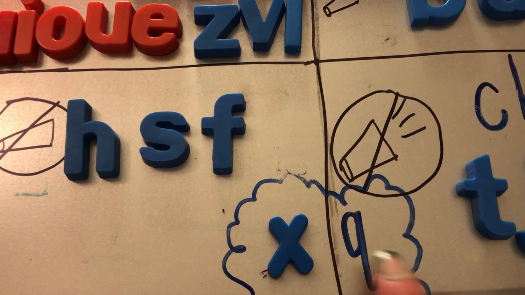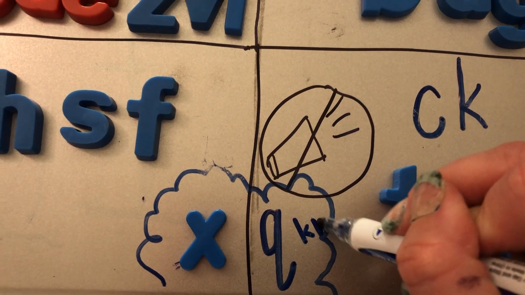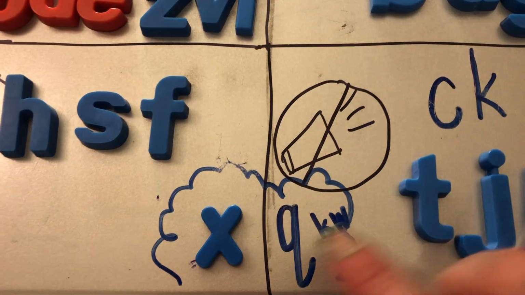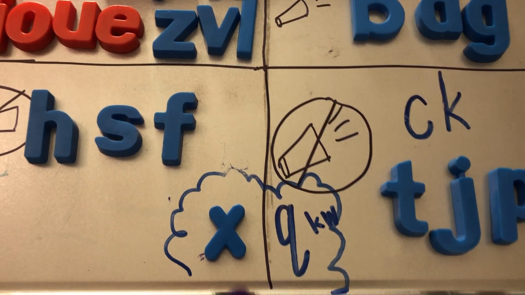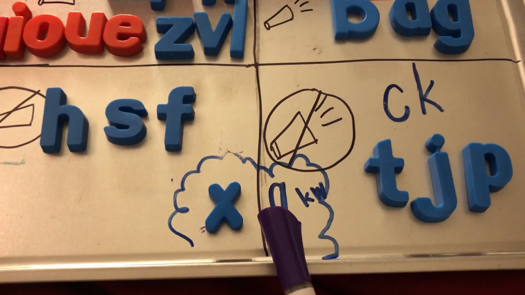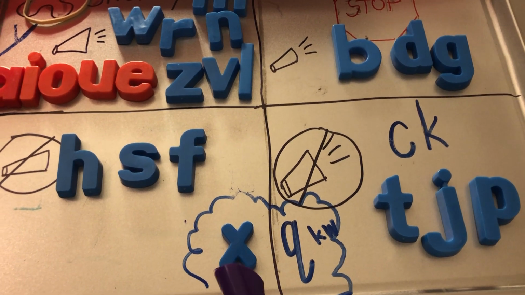Okay, so X and Q have more than one sound. Q kind of sounds like a K and a U together. Q, Q, Q. Okay, so X and Q are the tricksters or the weirdo tricksters, because they really don't just have one sound. They actually represent more than one sound.